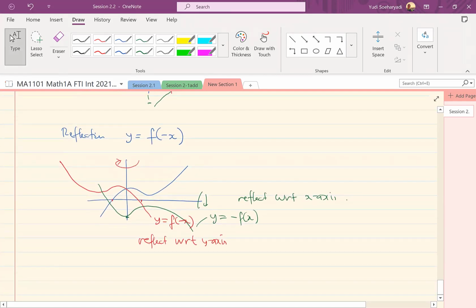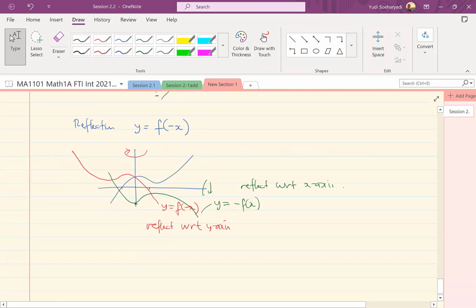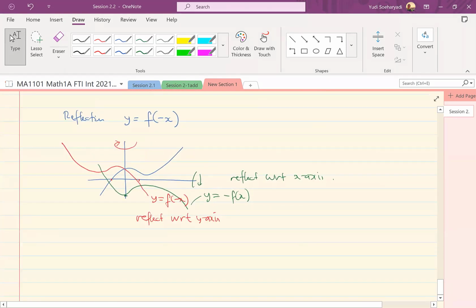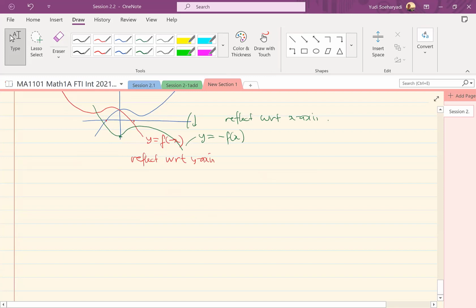I will postpone these dilations until we get to the trigonometric functions. All right, so let's do this one.